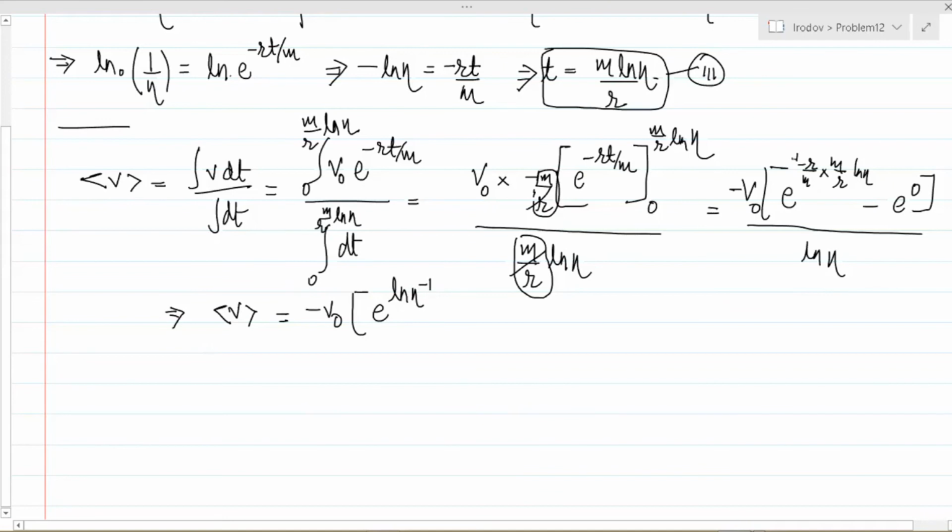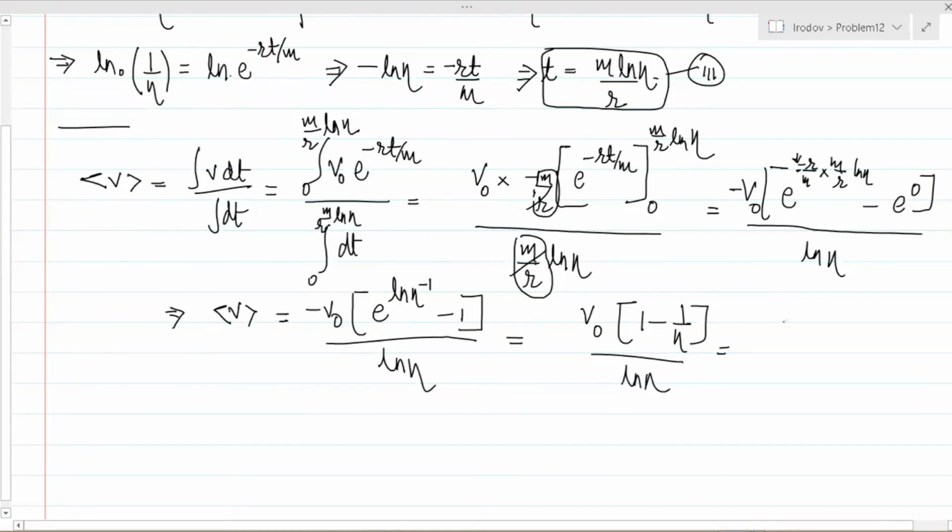This minus sign, it's going to stay, and then we have minus 1 divided by ln eta, equal to v naught into 1 minus 1 by eta divided by ln eta, which is equal to v naught into eta minus 1 divided by eta ln eta.